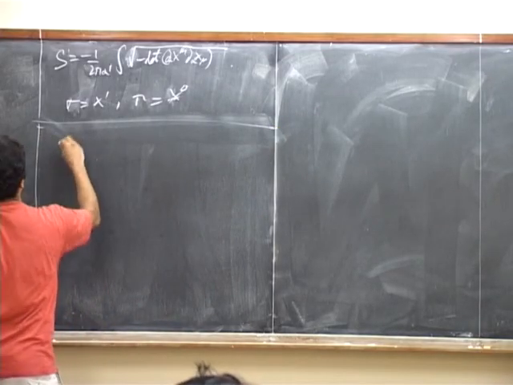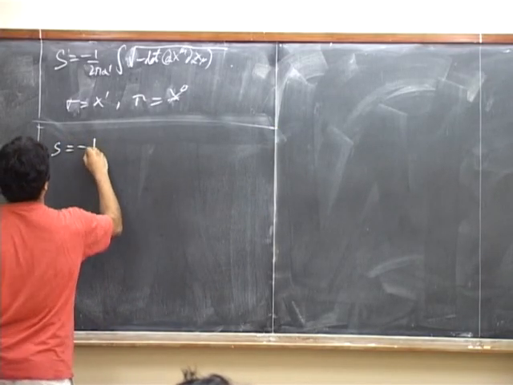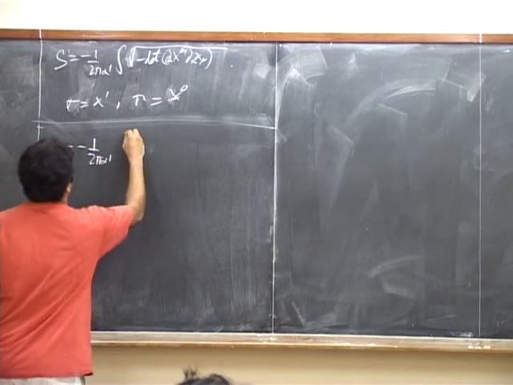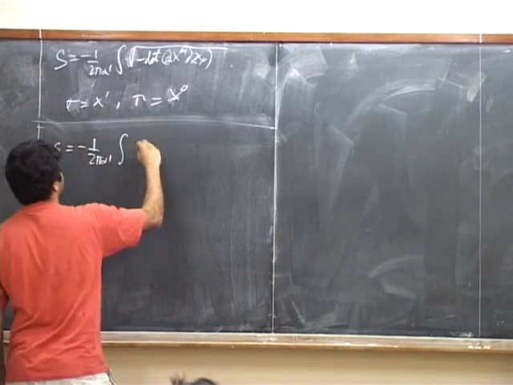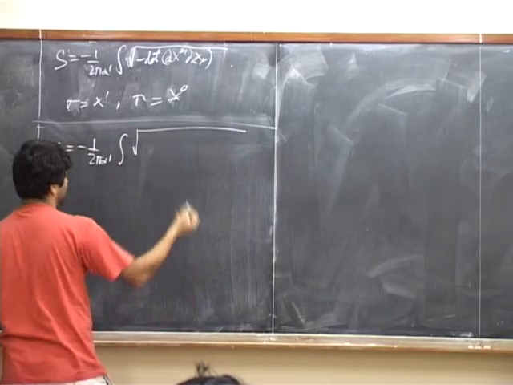First let's write out this stuff in more detail. So S is equal to minus 1 over 2 pi alpha prime, and then there's an integral, and then there's the fancy determinant as we saw last time.